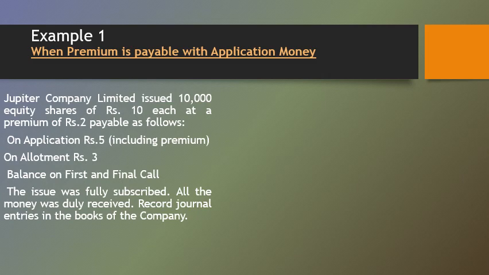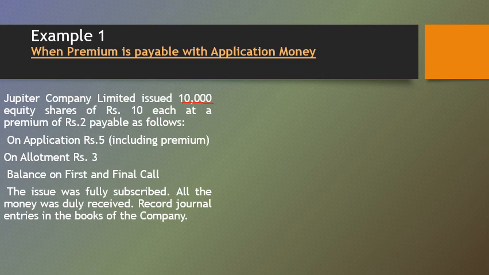So here is an example when the premium is payable along with application money. Listen to this question. Jupiter Company Limited issued 10,000 equity shares of rupees 10 each at a premium of rupees 2, payable as follows.